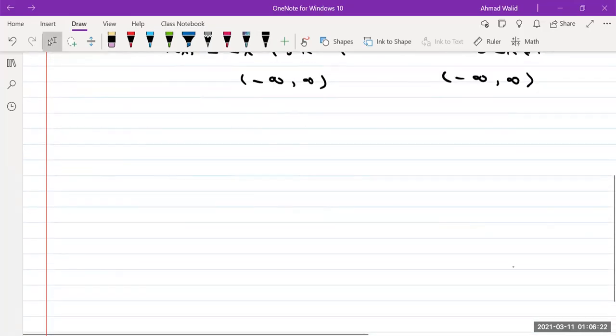Now, the second type, rational functions, correct?